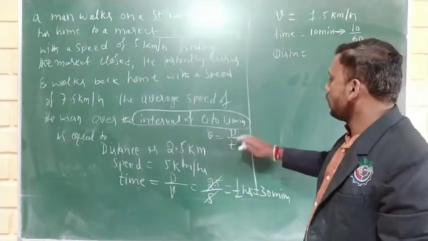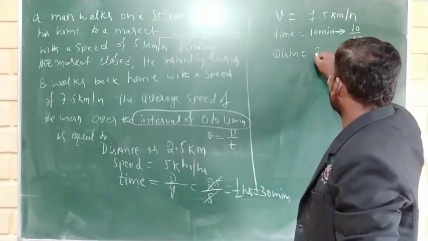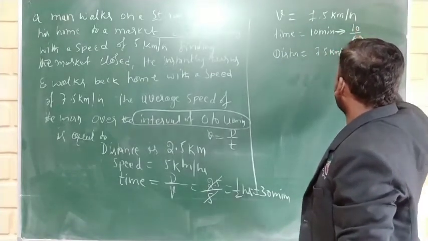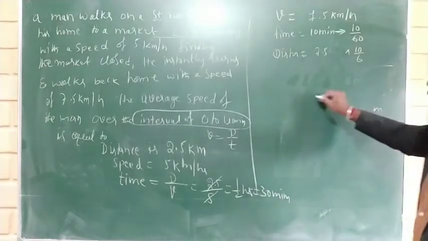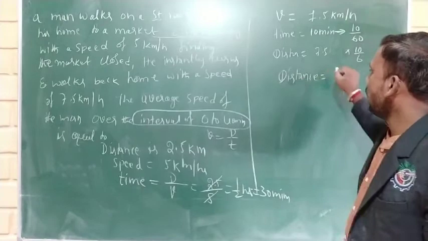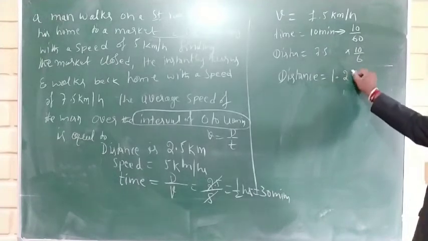Velocity is equal to distance divided by time, so distance is equal to velocity into time. Velocity is 7.5 kilometer per hour into time 10 divided by 60. Therefore, in the second case, distance is equal to 1.25 kilometer.